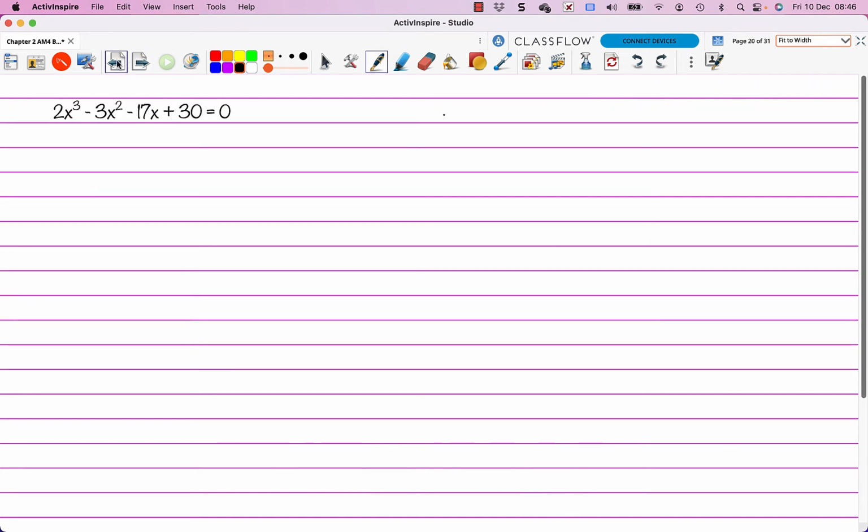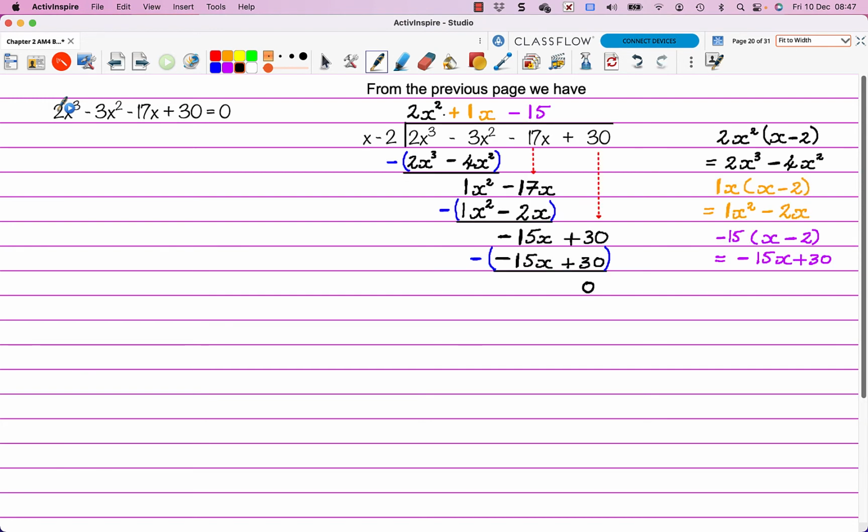I'm going to move to the next page in order to give us more room in order to answer this question. So what we have here now is the original equation from the previous page. We have just done on the previous page this to get the result, and now we're going to progress.